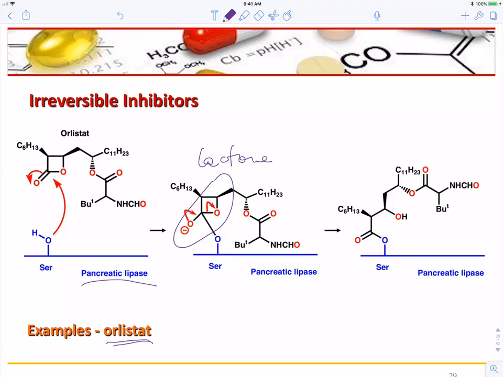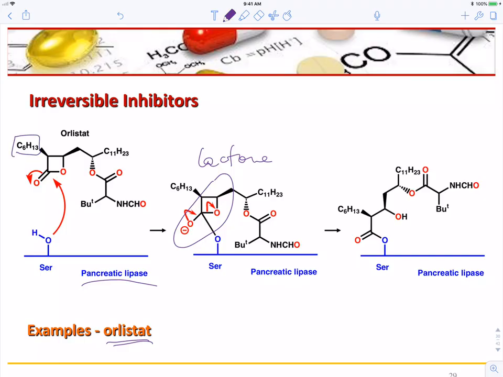This drug works by inhibiting pancreatic lipase, which basically breaks down fatty acids and therefore increases the absorption of fat in the diet. Orlistat contains a special kind of ester, a cyclic ester called a lactone. It also contains a long hydrophobic tail.